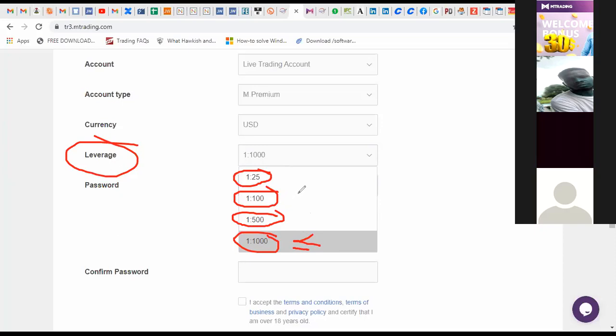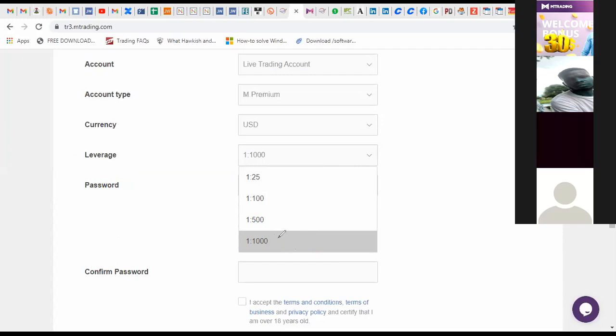But anything above maybe $2,500, to be on the safe side, you can do 100. Then if you have above $20,000, you can do 25. In fact, I don't recommend anyone going below 100 leverage. You want to trade big, you want to make money. So between 100 and 1,000, you can choose any of that.